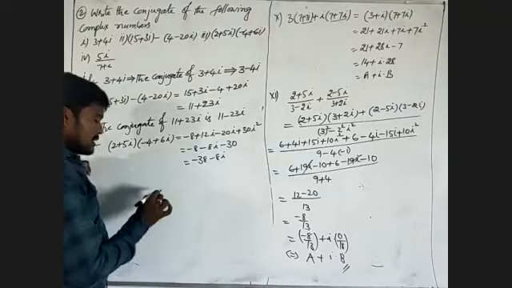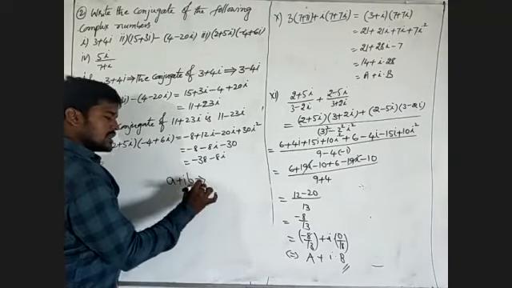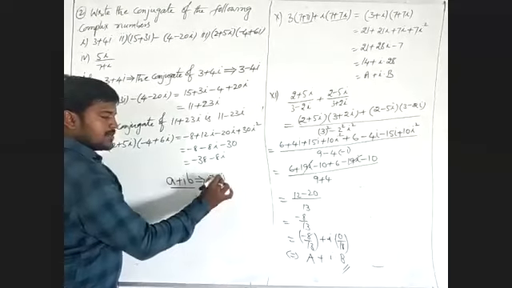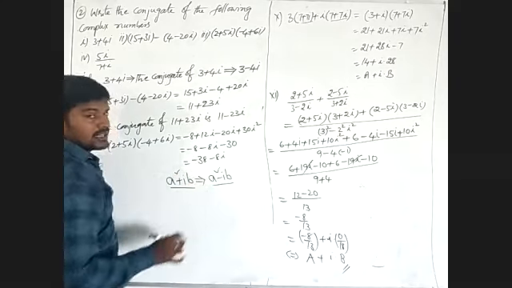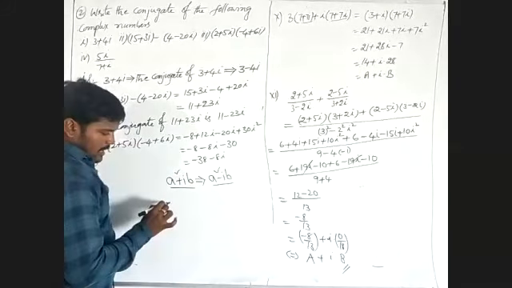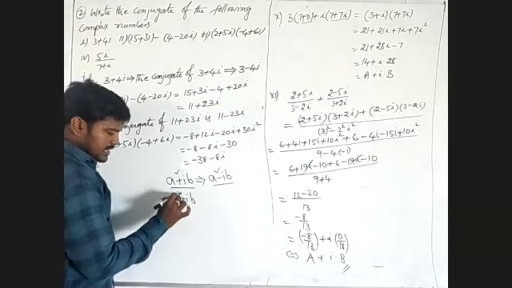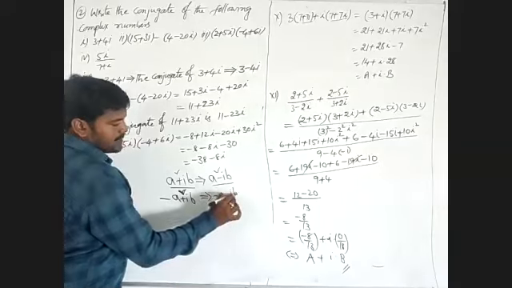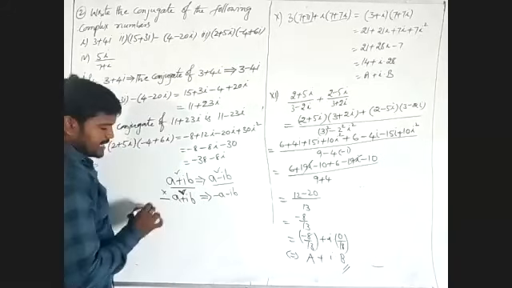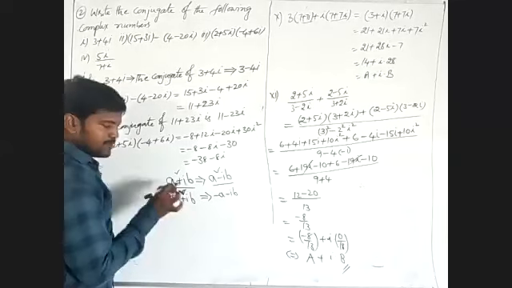Okay. When a complex number is of the form a plus ib, the conjugate of a plus ib is a minus ib. We have to change the middle symbol only. The conjugate of minus a plus ib: here also we change only the middle symbol, so I will write minus a minus ib. No need to change the first symbol.